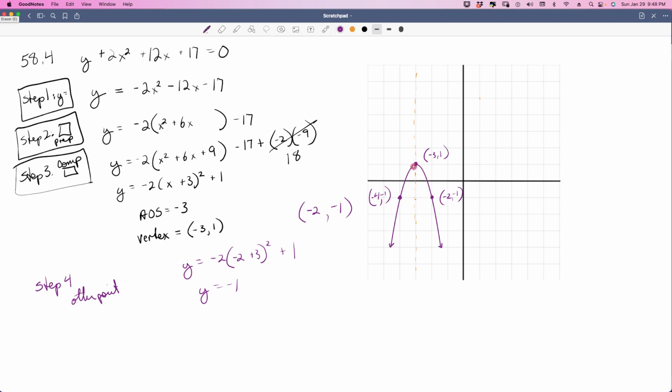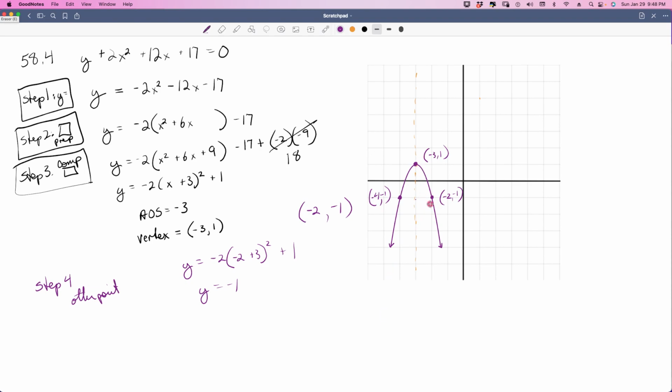How about that? Down 2 over 1. That's my slope, people, of my parabola. It's down 2 and over 1 for my initial point. How cool is that we figured that out?